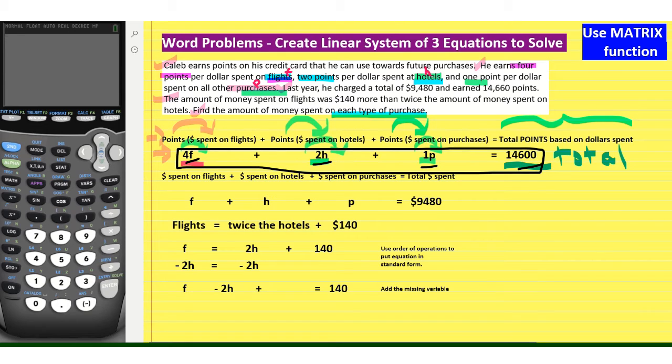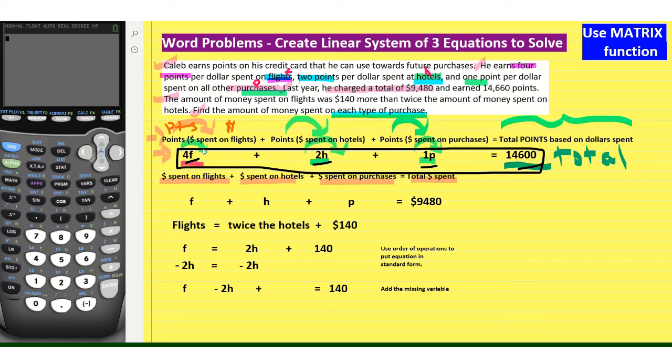Okay, so the next thing that we want to look at is it says that he charged a total of $9,480. Well, the next equation is going to be about the dollars spent on flights, the dollars spent on hotels, plus the dollars spent on purchases will be the total dollars spent. So in this particular one, just like up here in the top part, this was about the points times the dollars.